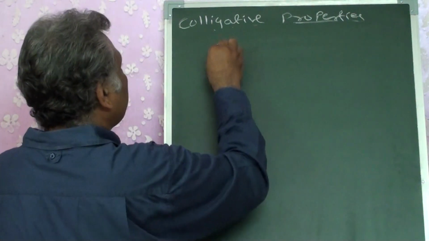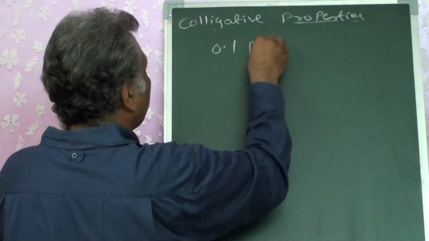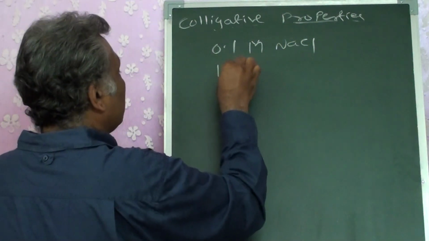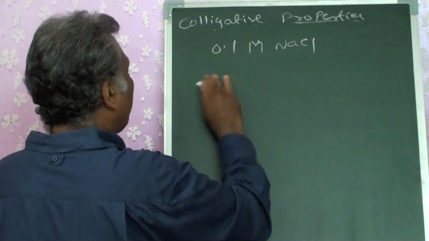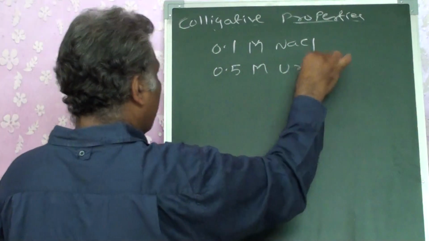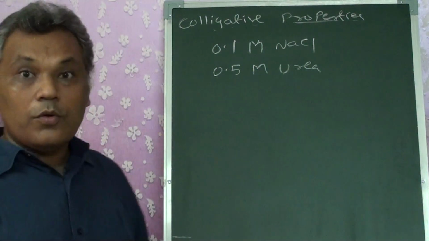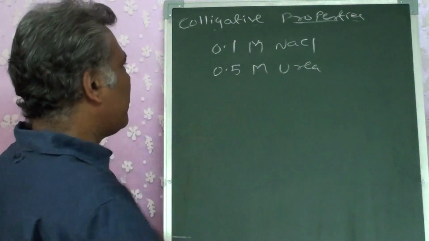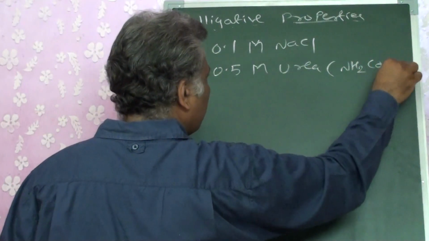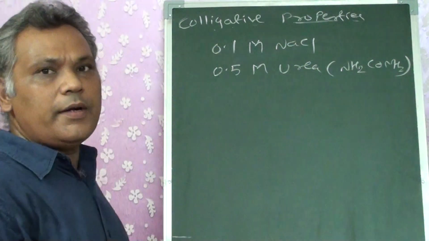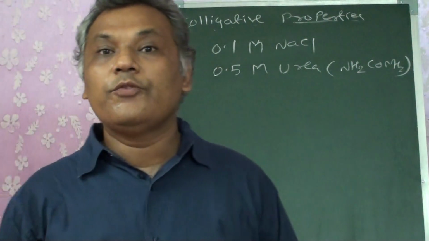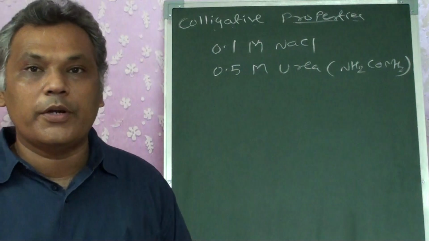We have 0.1 molar NaCl and 0.5 molar urea. This time we have urea, whose formula is NH2CONH2, right? Out of these, which one will show more colligative property?